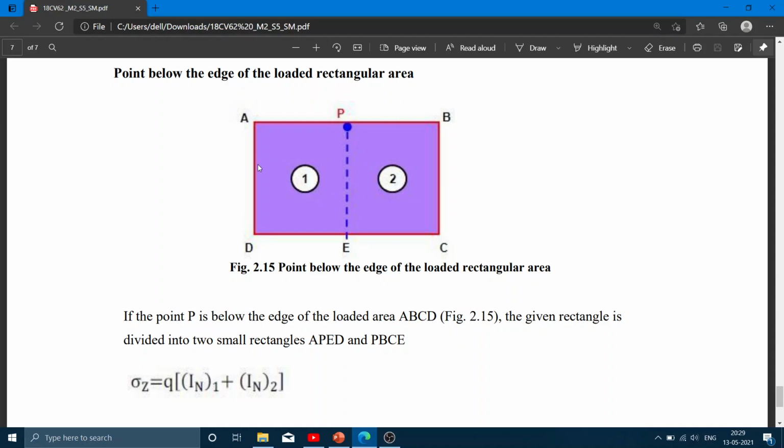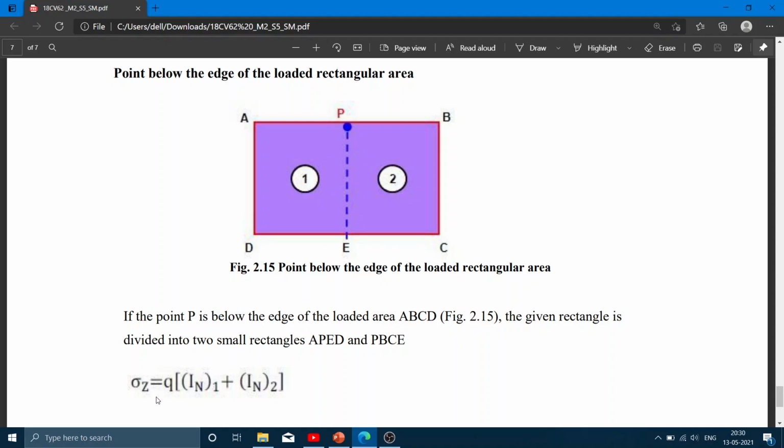In this case, if the point P is below the edge of the loaded area ABCD, the given rectangle is divided into 2 small rectangles, APED and PBCE.